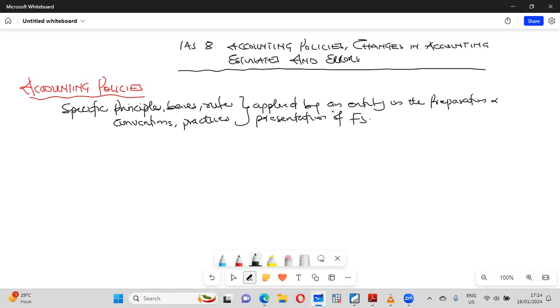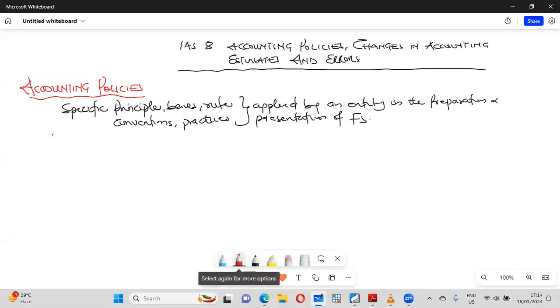But what you have to understand is that where a standard exists for a transaction, then the standard is the accounting policy. Where there is a standard.